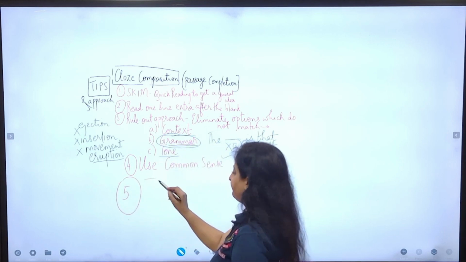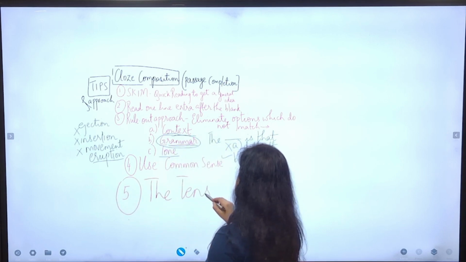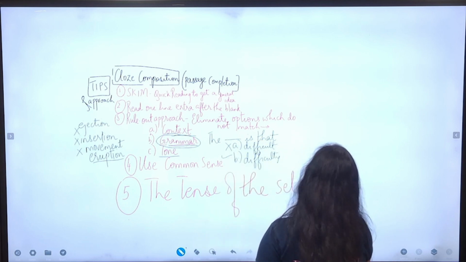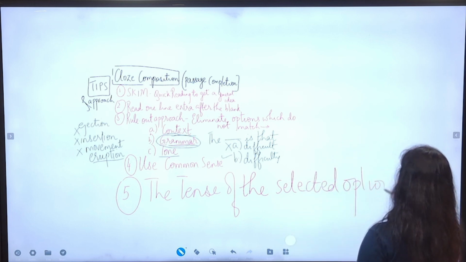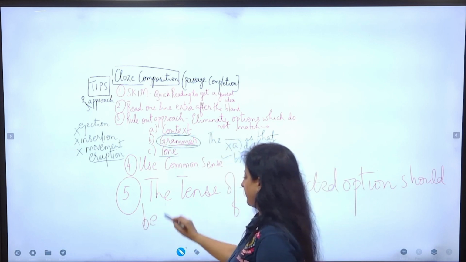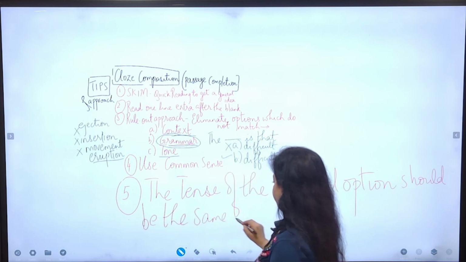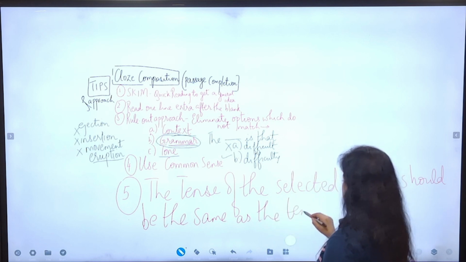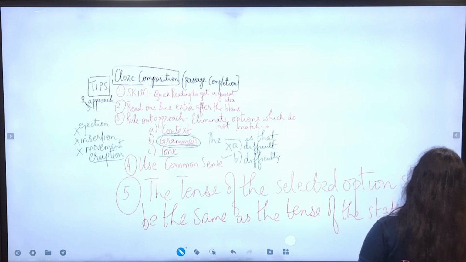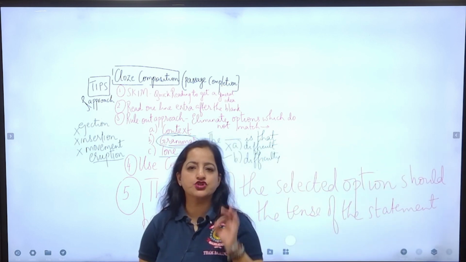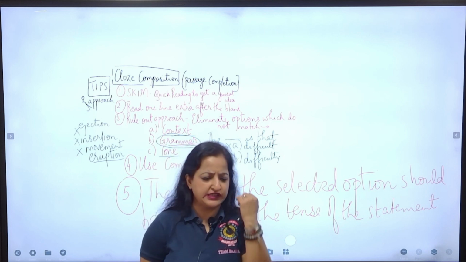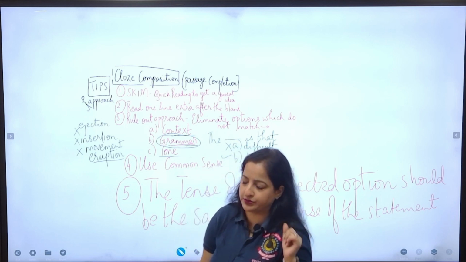Tip number 5, the tense of the selected option should be the same as the tense of the statement where you are filling it in. In short, the tense should be consistent. This is like a pro tip. Believe me, it really is. It is super useful for doing close compositions.